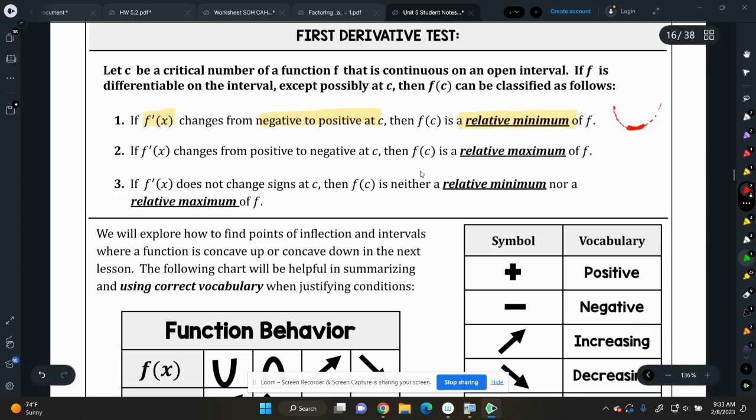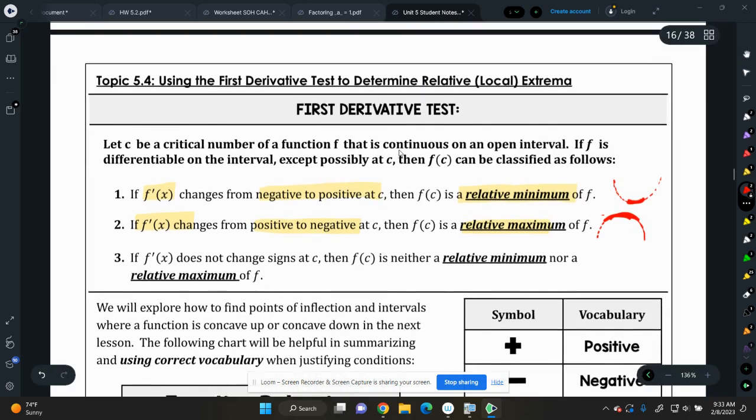Right? If f prime changes from positive to negative, then we have a relative maximum. So f prime being positive means I'm increasing. F prime being negative means I'm decreasing. So I clearly have a relative maximum. When we justify our work, this is the phrasing we're going to use.